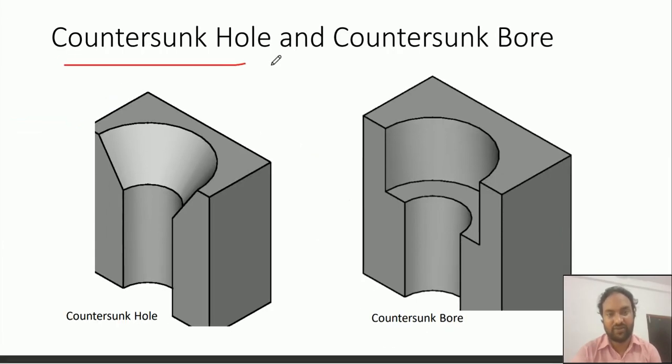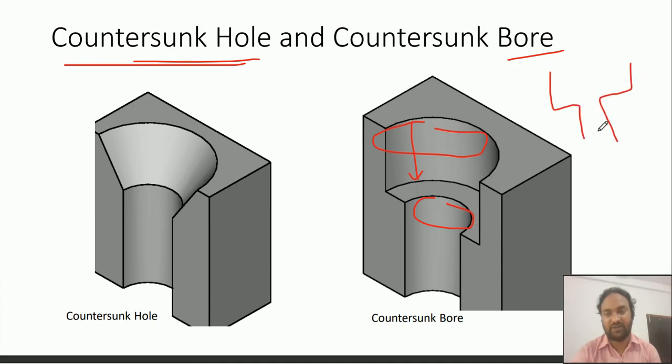One more difference, hole and bore. A bore has a straight hole up to a certain length, and then another diameter hole. When this type of hole is cut in a material, it becomes a countersunk bore. This part, especially this part, is called countersunk.